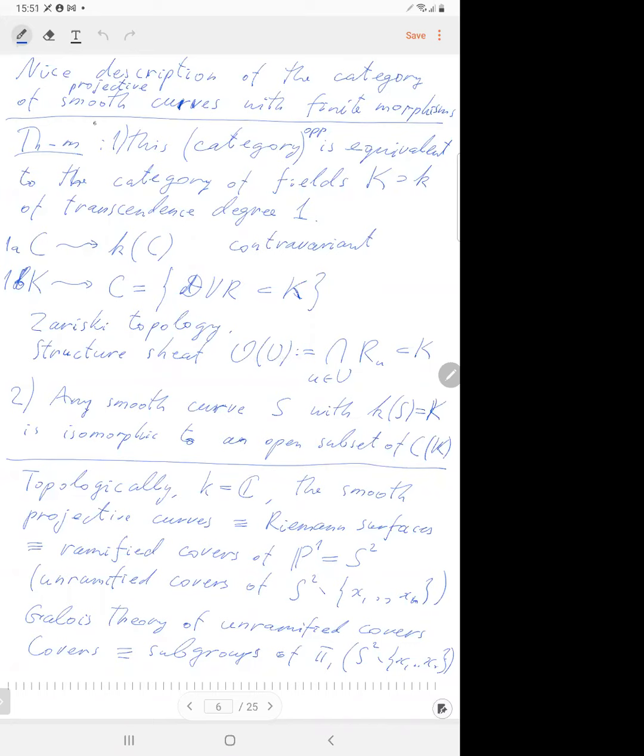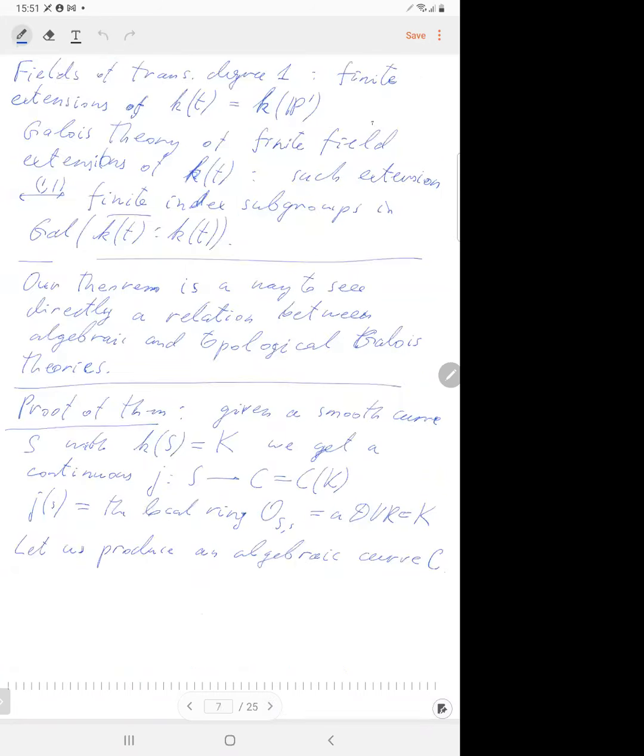We only don't know yet that it is a good thing, but we do have something. And then on the other hand, now for a proof, I will start with some algebraic curve. In the end it will be this curve C, but I will produce it in some different form, so I will call it differently.